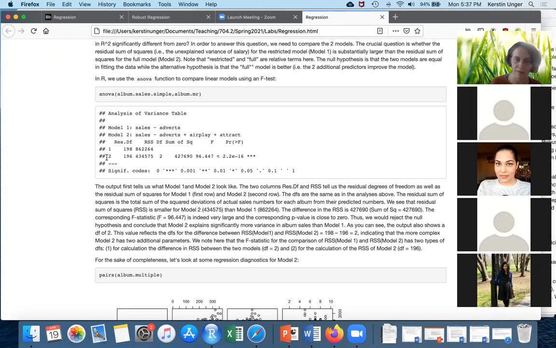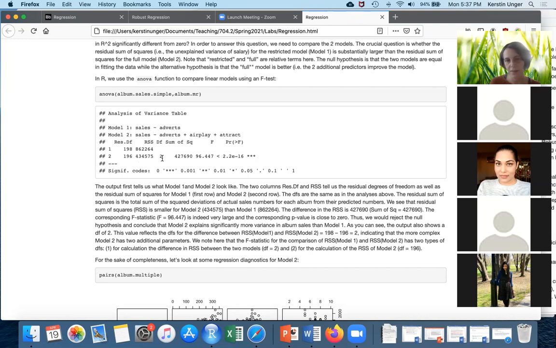What we can see first is the residual degrees of freedom, which corresponds to what we saw in our previous model already. The residual degrees of freedom are 196, because we're losing 2 degrees of freedom by including 2 more predictors. You also see a degrees of freedom value in the second row, which is for the model comparison.